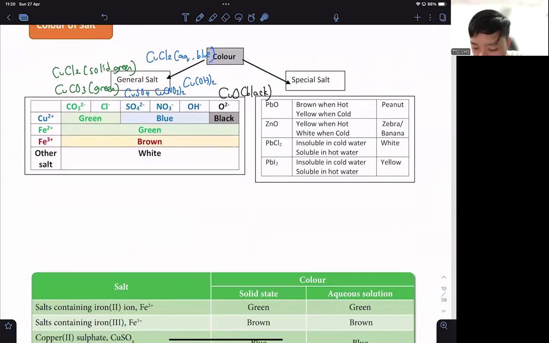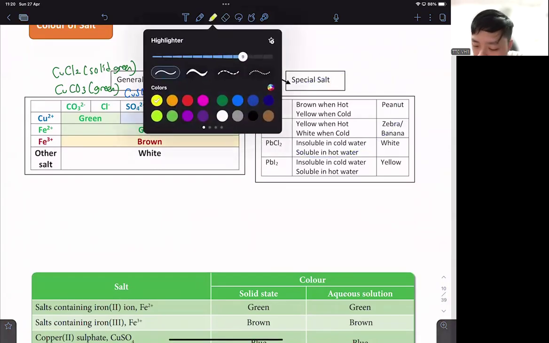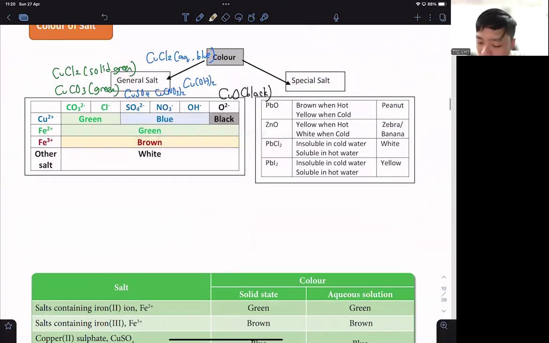And the special salts, of course, I have to mention. The special salt like PbO, remember the peanut one? Brown color when hot. This one is special, important. So brown when hot, then yellow when cold.